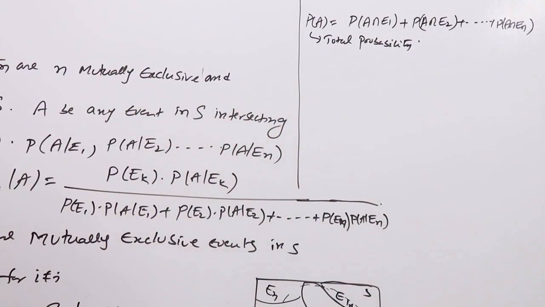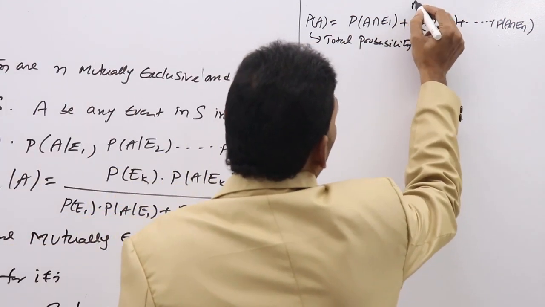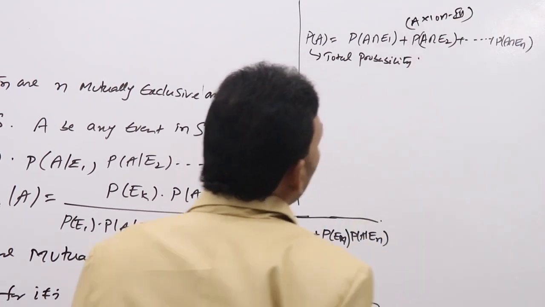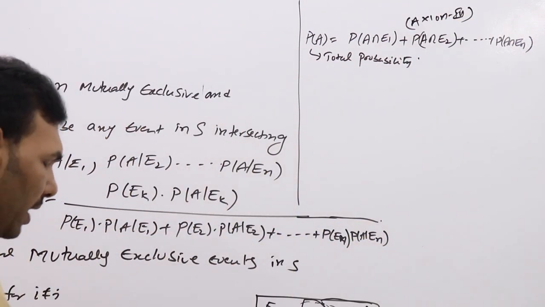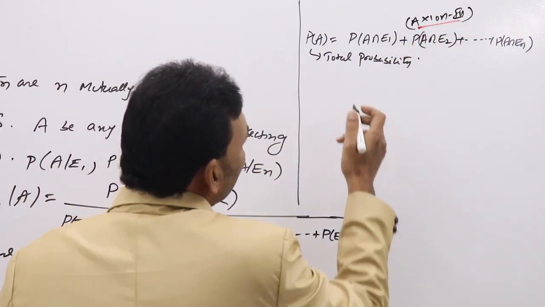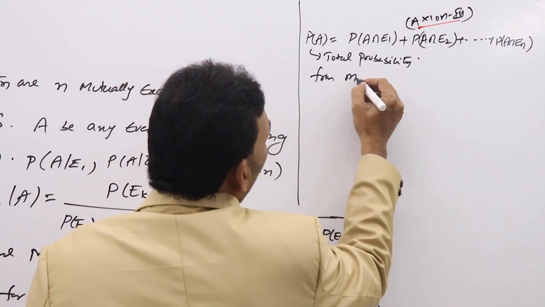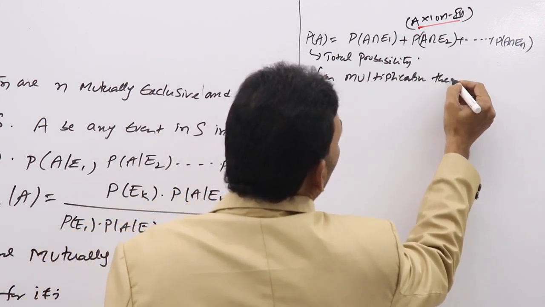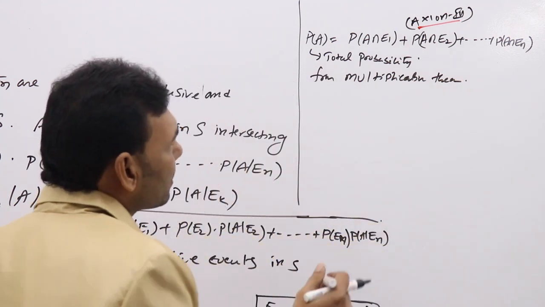Now using multiplication theorem on probability. This is using axiom 3. From axiom 3 of probability, we wrote that one. Next I am applying the multiplication theorem. What does the multiplication theorem of probability say?